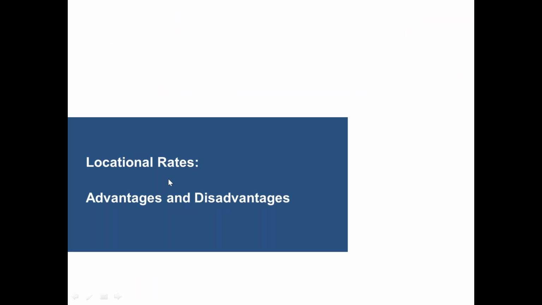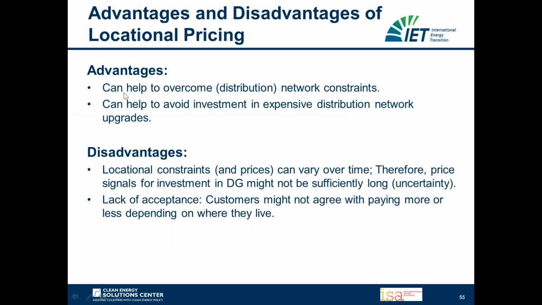Locational rates, as you've seen from this discussion, are quite complex. However, they have very important advantages because they can help to overcome distribution network constraints, which will most likely occur more and more frequently as we move to a more and more complex power system with small scale generation, also with the electrification of the transport sector, so additional loads within the distribution networks, with also sector coupling, so coupling the electricity and the heating sector.